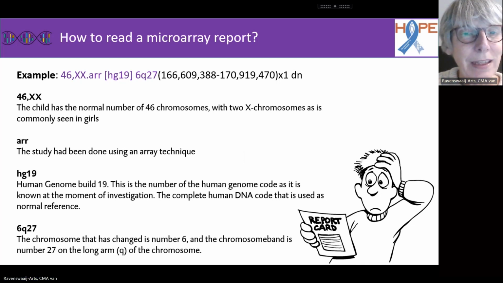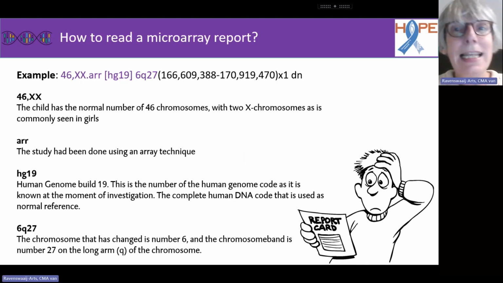So, 46,XX. The child has a normal number of 46 chromosomes with 2 X chromosomes, as is commonly seen in girls. R means that the study has been done using an array technique. So microarray, SNP array, array CGH, array, all these terms can be used, but it is an array technique.